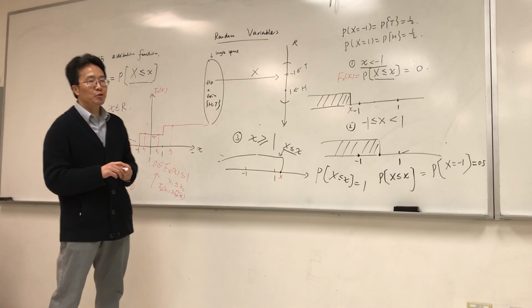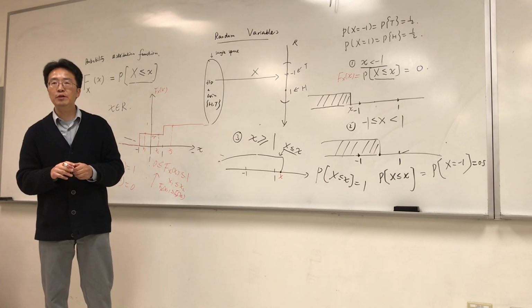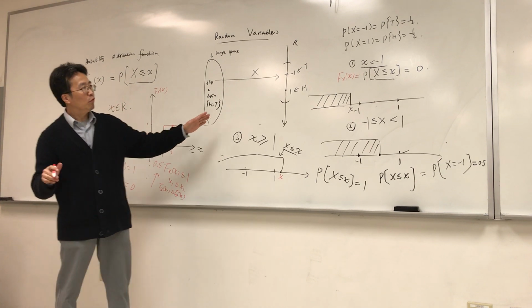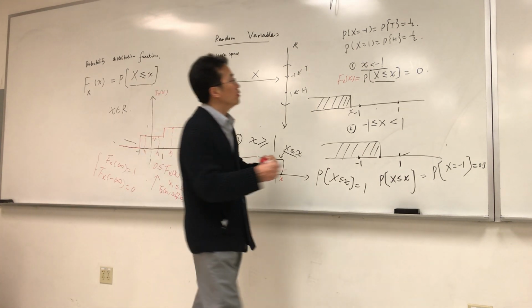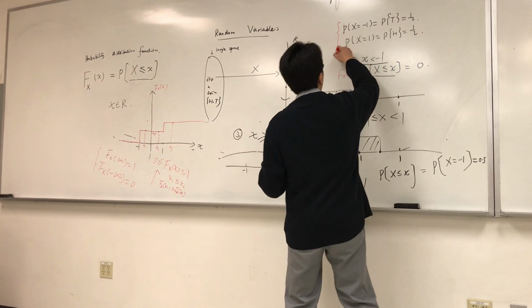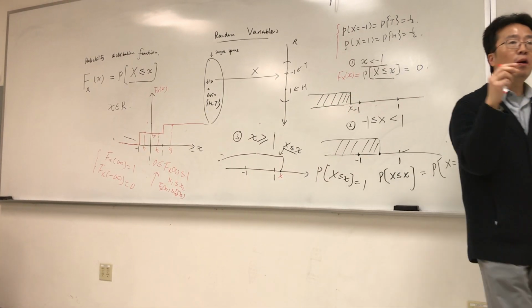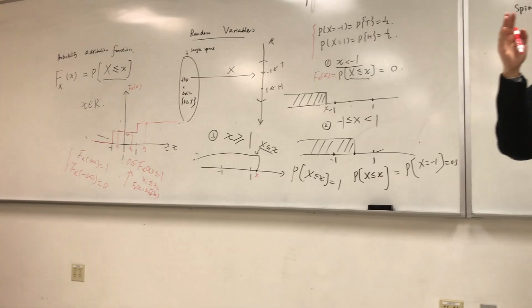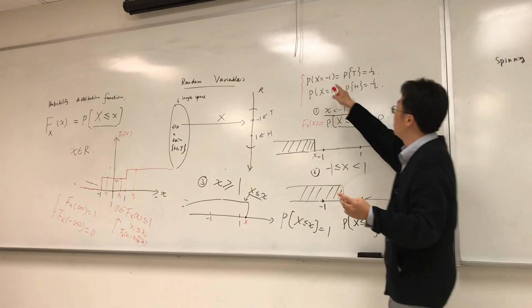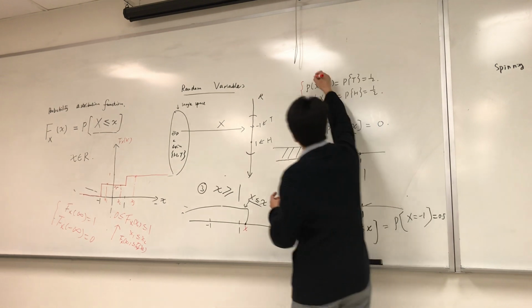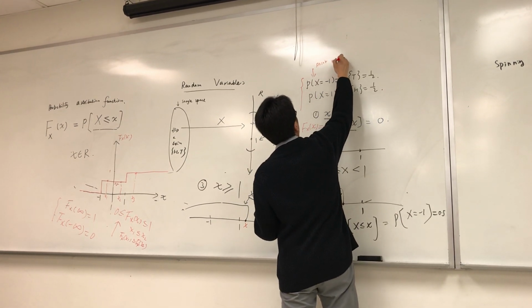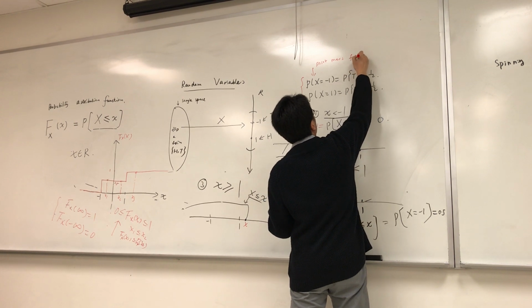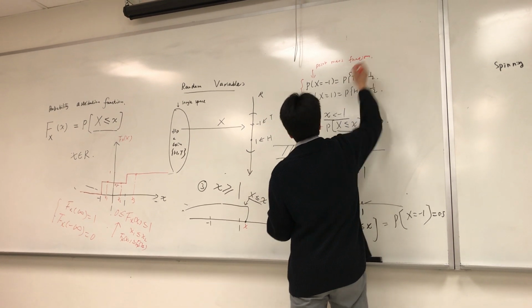Actually that's a good question, because we are going to find out that for a discrete random variable, it's very important for us to define all the possibilities at discrete values like -1 or 1. We can call them point mass functions.